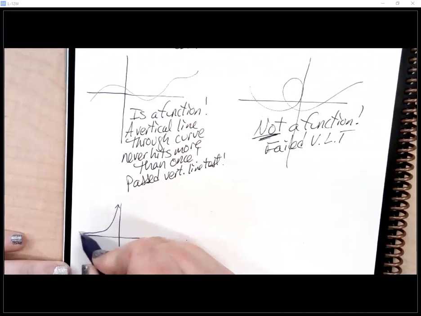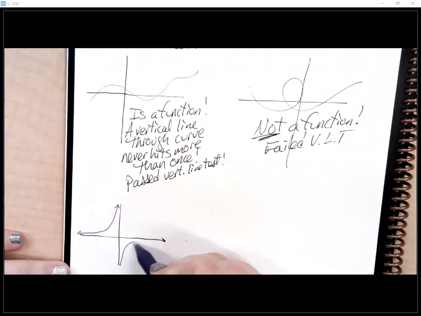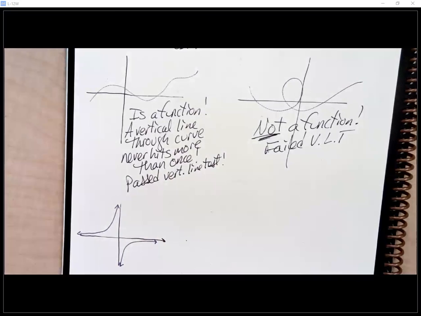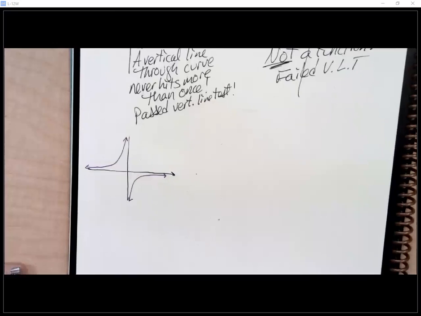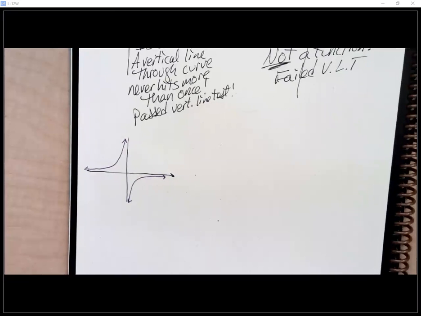Have you ever seen a graph like this before? Have you seen one like that? What do you think about that? Does that pass or does that fail, Jimmy? It is a type of parent function that is 1 over x. If you were going to graph 1 over x, that's what you would get out.